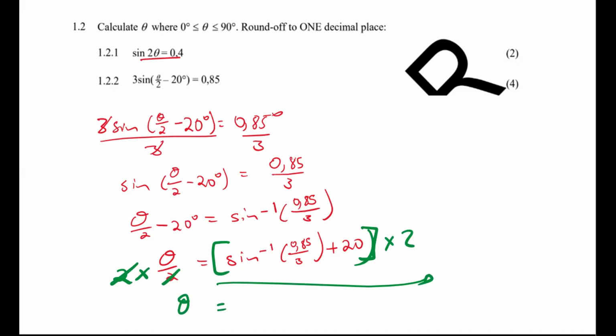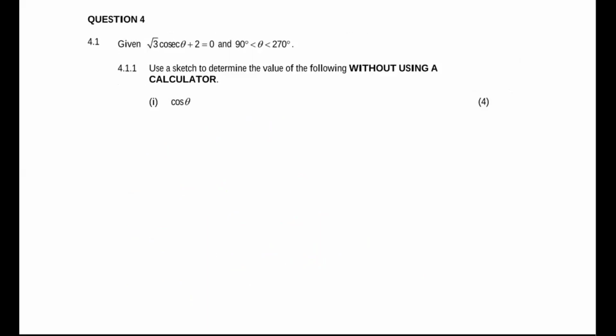Yeah. And going to the last question. This is a diagram question. Let me show you how you answer diagram questions. Here you're given a cosine theta plus 2 is equal to, and you're given an interval. Before you answer any question, we look at what we're given here.